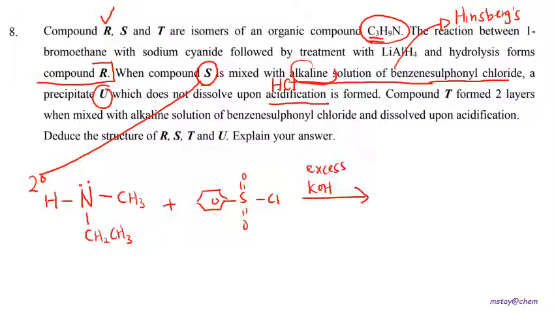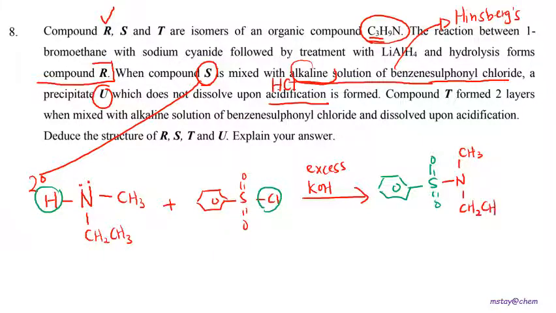As we know, in the first step, the H from the amine and the Cl from the benzene sulfonyl chloride will be taken out, and then we will have the benzene sulfonyl connected to nitrogen. This nitrogen is bonded to CH3, and another bond is bonded to CH2CH3.